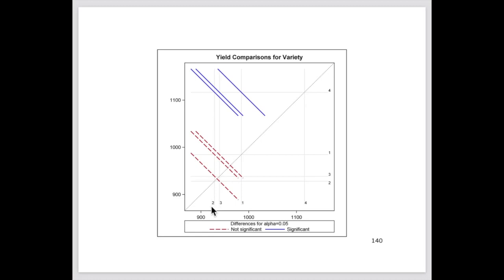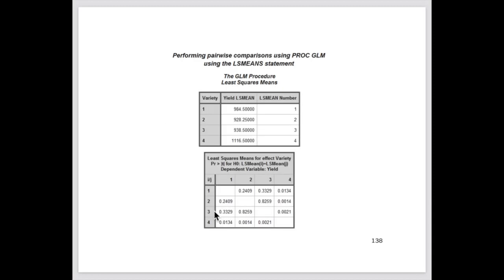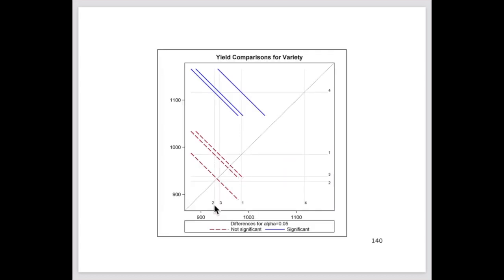So mu2 has a value of 928.25, and that is the location of that vertical line. That is also the location of this horizontal line. So the vertical and horizontal lines correspond to a particular estimated population mean value, and the location of each corresponds to that estimated value.